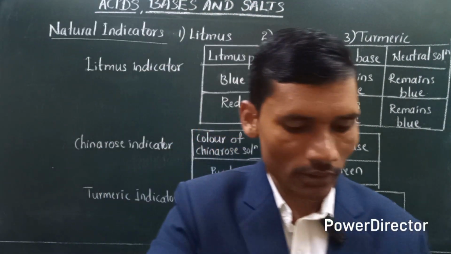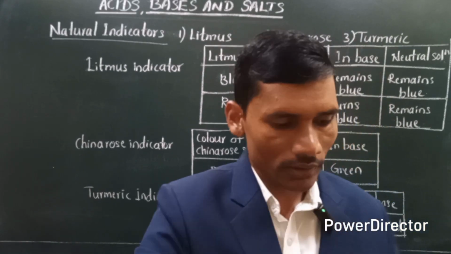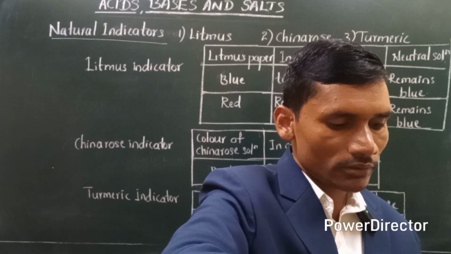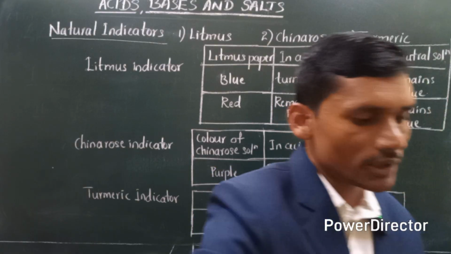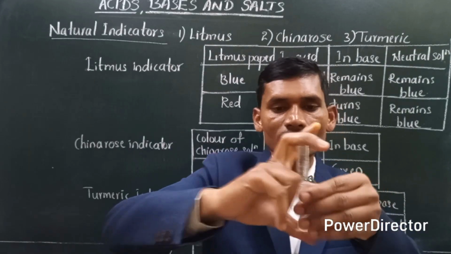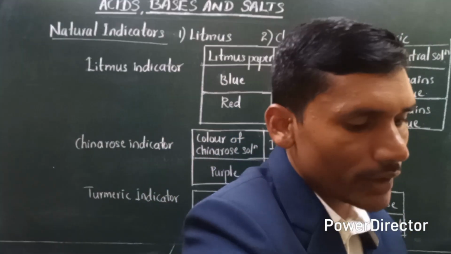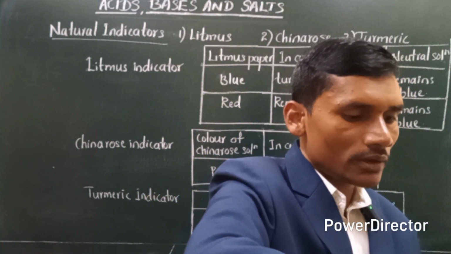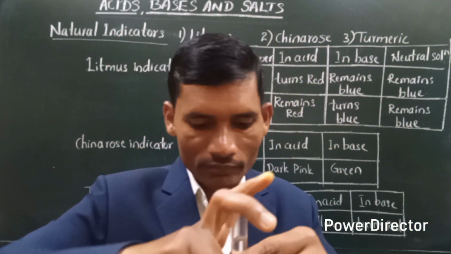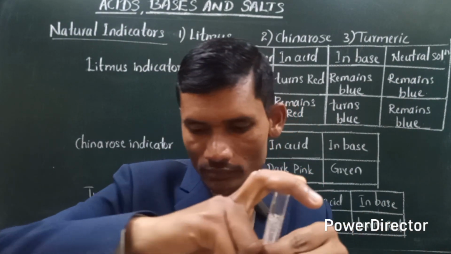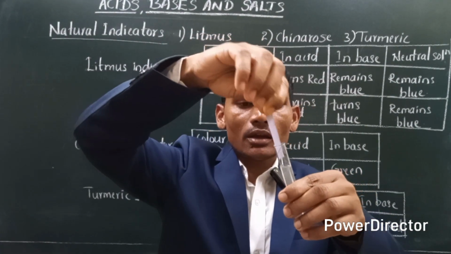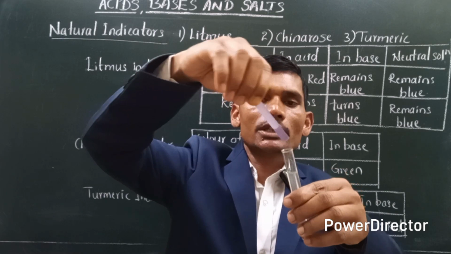Okay, we have tested it here. Next, coming to salt, eating salt. We will check this also, right? When we dip blue litmus and red litmus, now you can see blue litmus did not change its color, right?